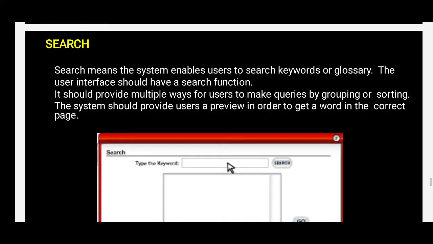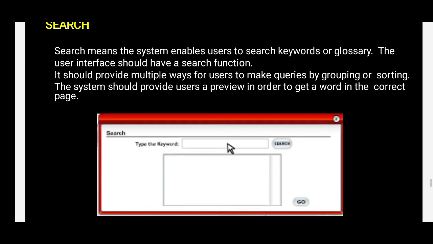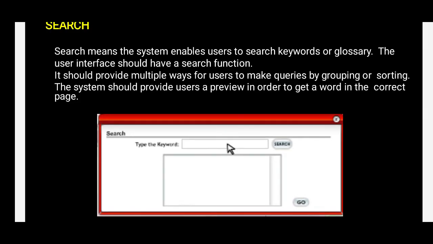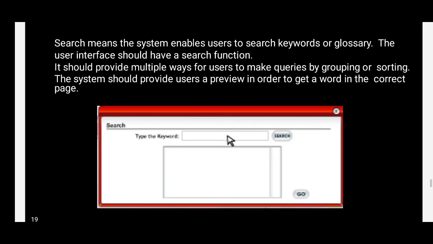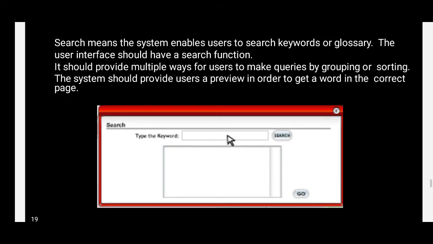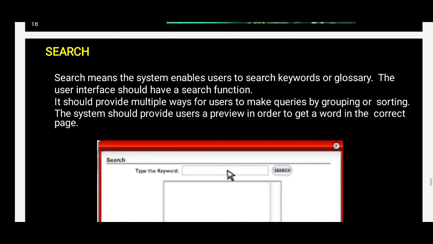It should provide multiple ways for users to make queries by grouping or sorting. The system should provide users a preview in order to get a word in the current page. This is a search.